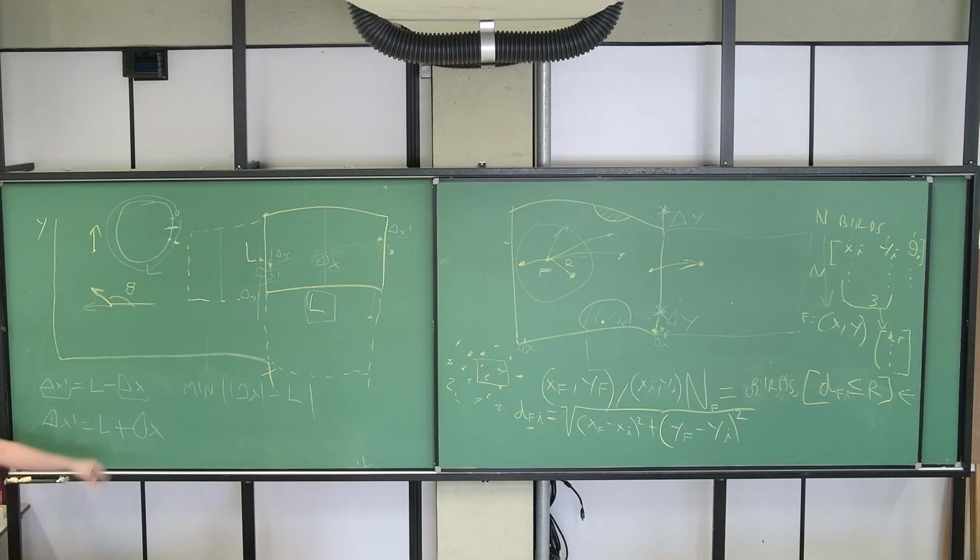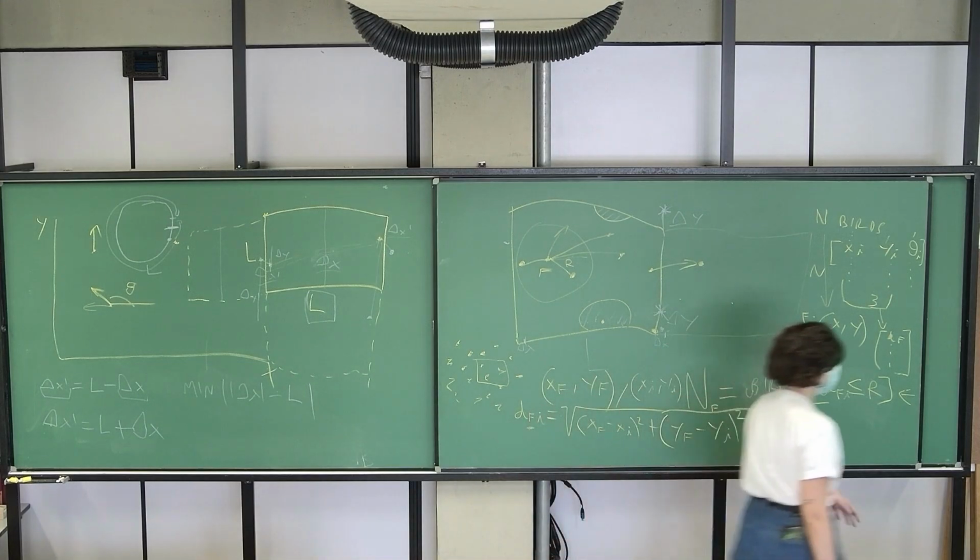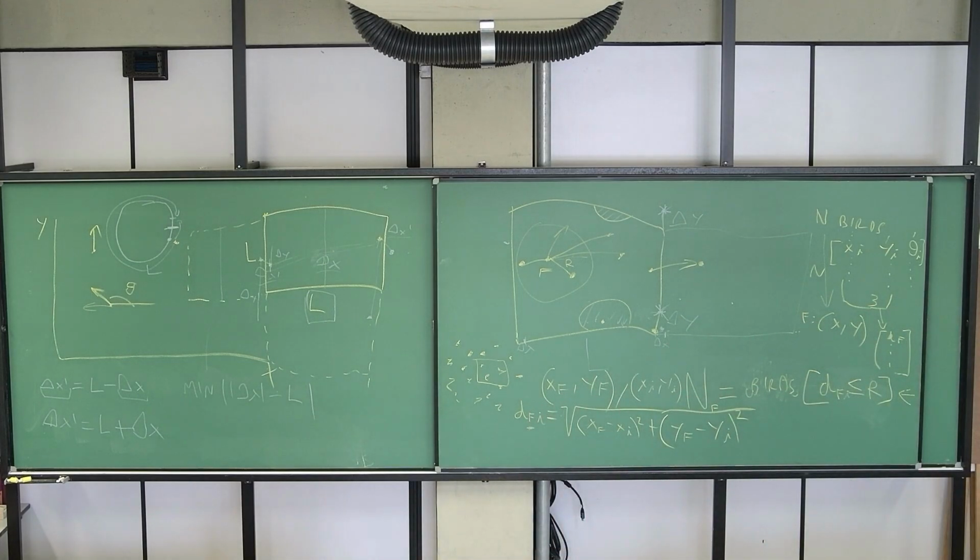But the minimum over what? Well, there's this value, the absolute value of L minus the absolute value of delta x. This is a value, and then a second value would just be the absolute value of delta x. The minimum of these two. Okay.